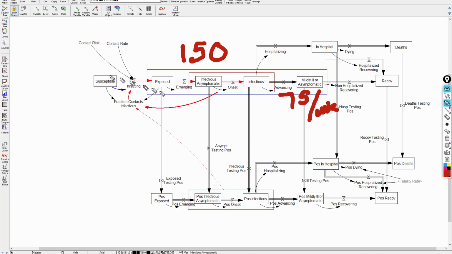So now the big question is, what is this number? If the number of infections is less than 75 a week, then the infection is going to die out in the university population, and basically everything will be fine.